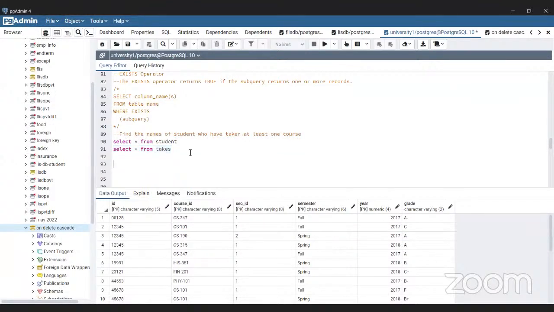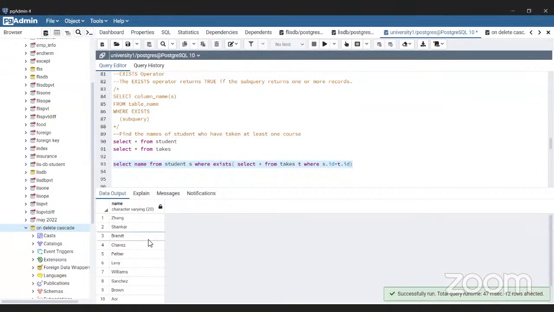So let's write the query. Select name from student as S where exists (select star from takes as T where S.ID equal to T.ID).